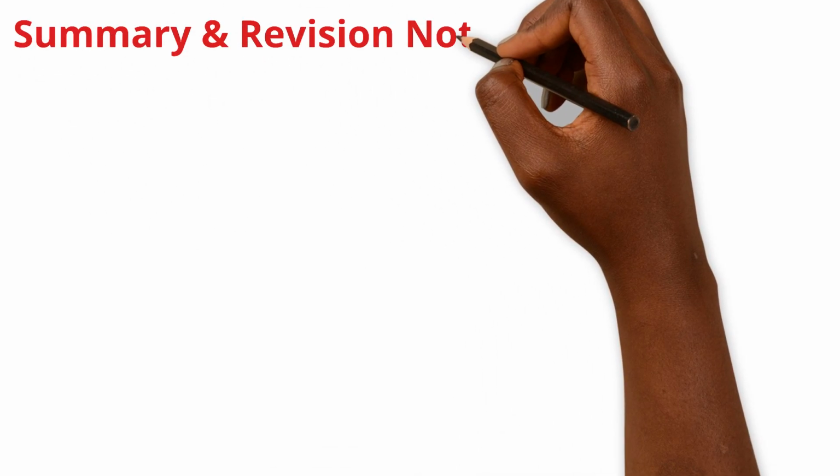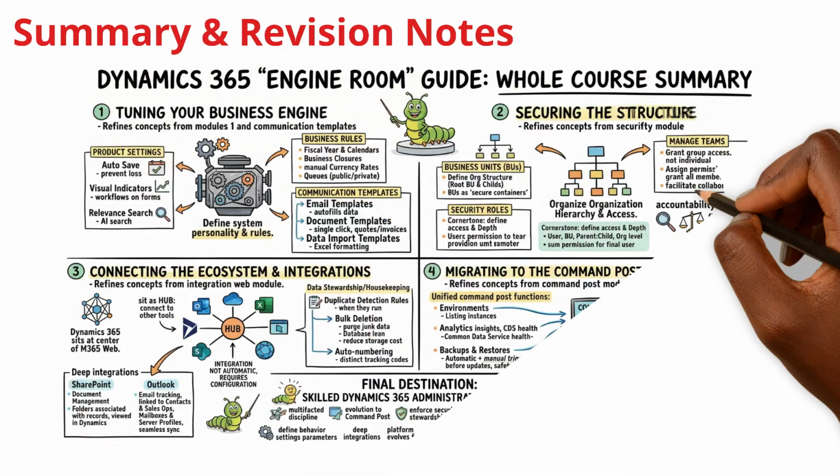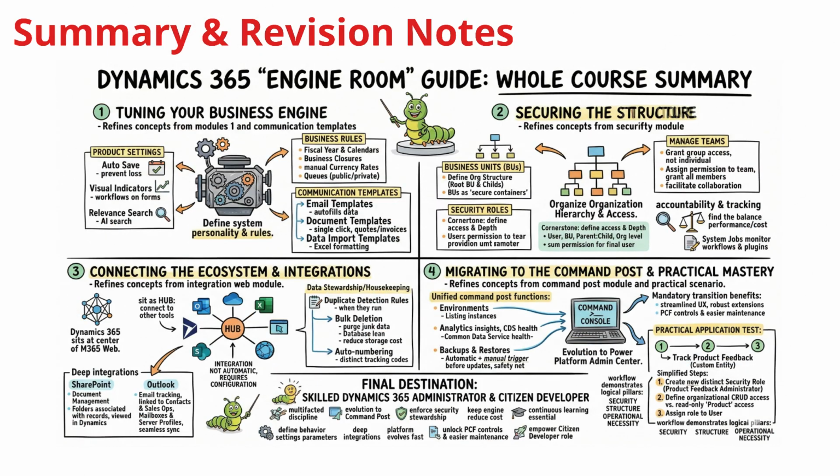Welcome to the final wrap-up of our Dynamics 365 Engine Room Guide. Over this course, we've opened the digital hood to master the multifaceted discipline of administration. We began by tuning the business engine, defining the system's unique personality through crucial settings and standardized templates. Next, we secured the structure, building a robust hierarchy using business units, teams, and precise security roles to enforce organizational necessity.